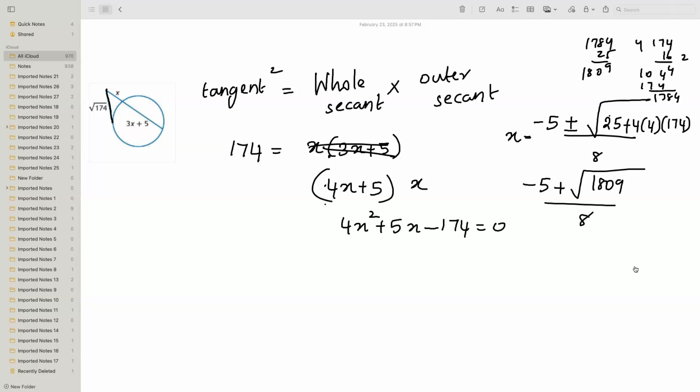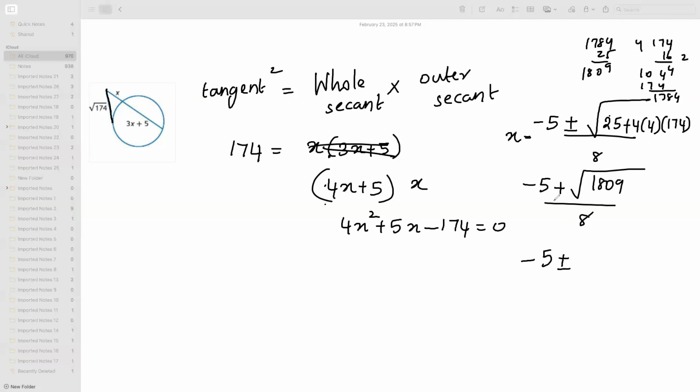Guys, you can use the calculators. So the negative value you can erase off. It's invalid, so just consider the positive value. So I'm getting 37.5 divided by 8. Oh, I think I accidentally put 25 squared in the discriminant.